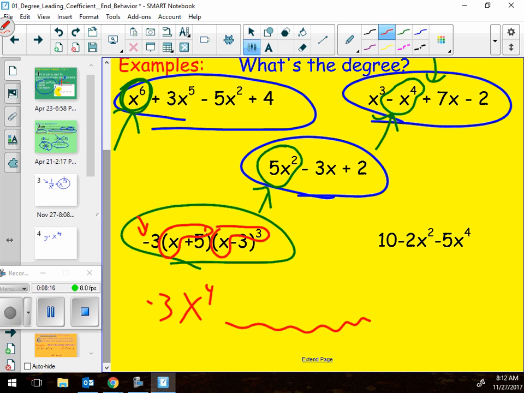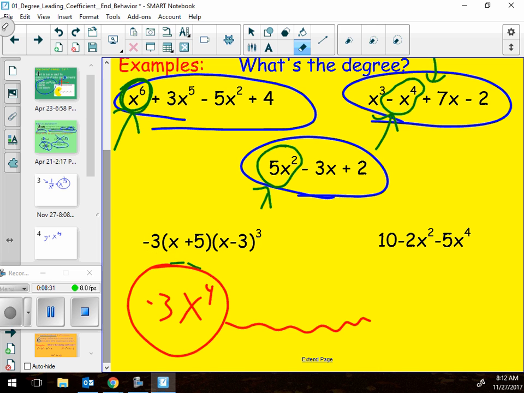And so this tells us everything. So far, I've told you about degree. So what degree is this polynomial? Don't overthink it. Degree 4. Just the biggest one that there would be. Notice I did not pick the 3 because it wasn't multiplied all the way out yet. All right, so this one's degree 4, and its lead coefficient is the number in front.